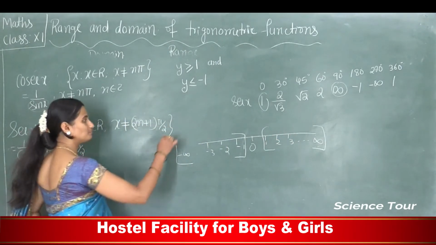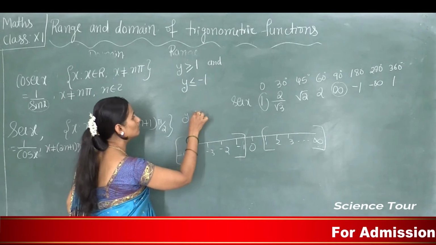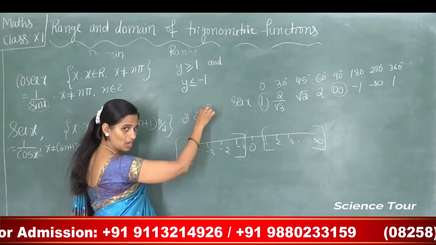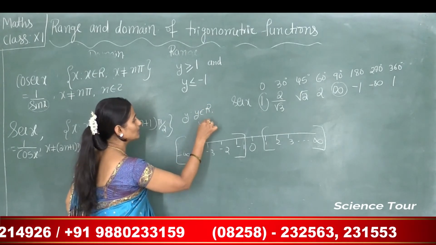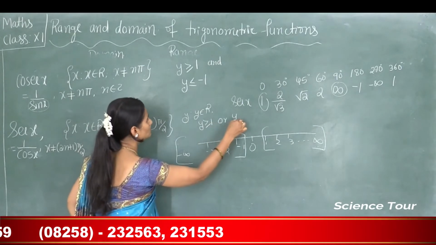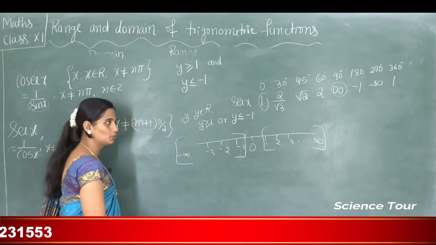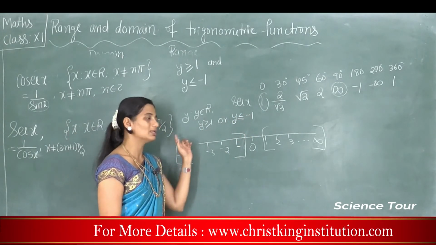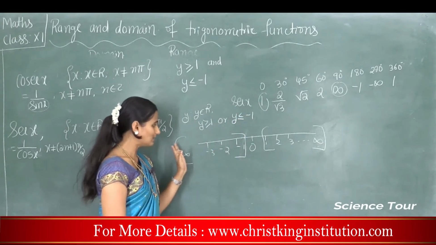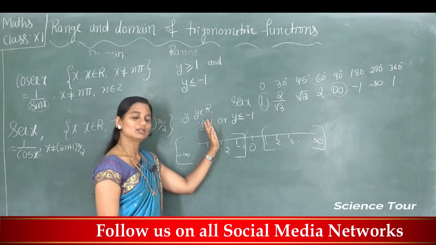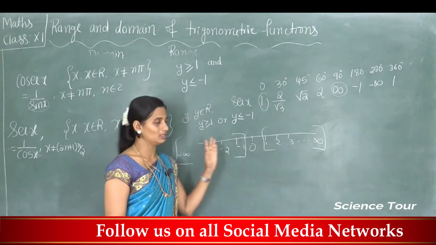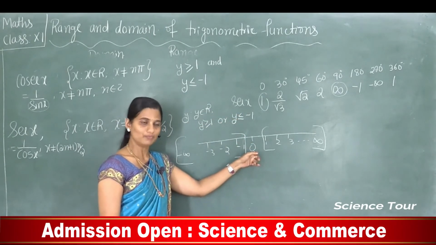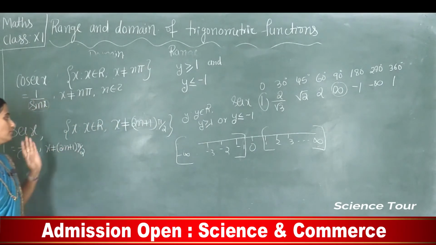Y such that y belongs to R, and y is greater than or equal to 1 or y is less than or equal to minus 1. Less than or equal to minus 1 means minus 1, minus 2, minus 3 till minus infinity. Y greater than or equal to 1 means 1, 2, 3 till infinity. So within this there is no 0, right? This is called the range of secant x.